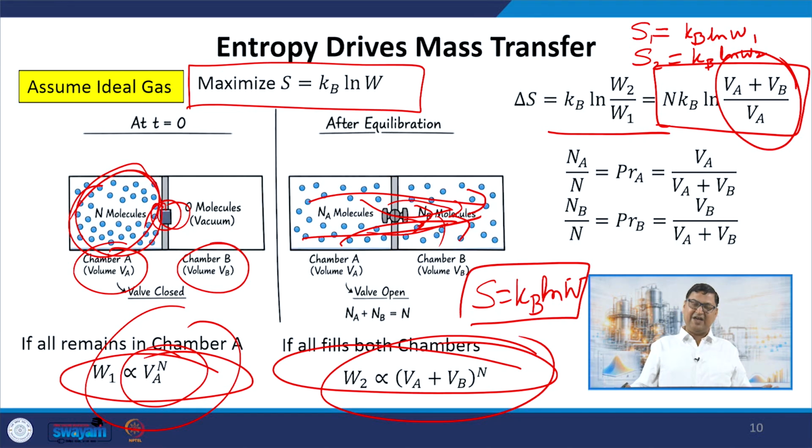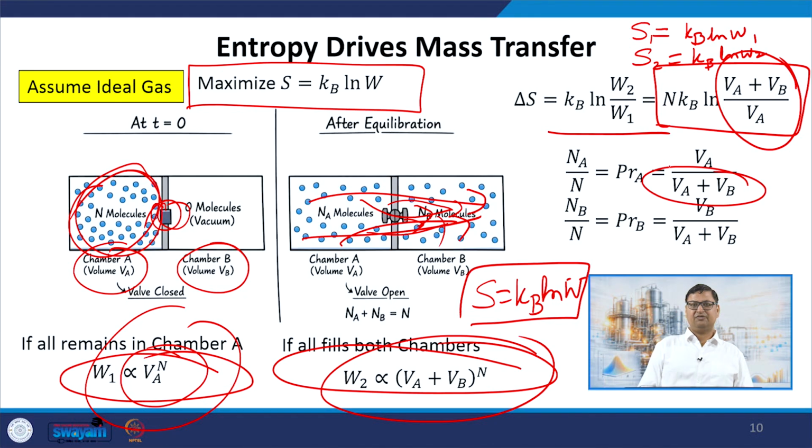In fact, if it is a very fair distribution and the molecules can go in both compartments freely, then the probability of a molecule to remain in chamber A is proportional to the volume of chamber A, VA, divided by the total volume available.